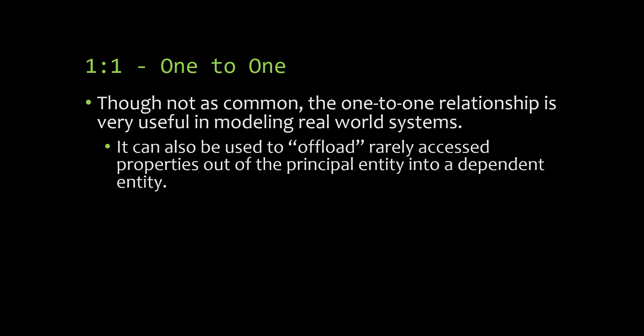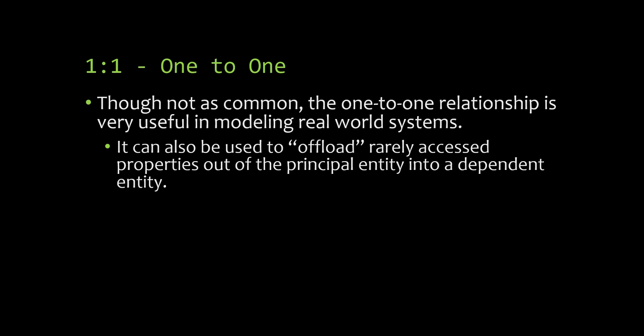So with a one-to-one, there's a couple things to be aware of, and there's actually more than one way to set this up. Okay. It's not as common as our one-to-many relationships, and really a many-to-many is just a pair of one-to-many relationships, right? But it's very useful when we want to sort of offload rarely accessed, or in our case, massively large properties out of the principal entity into a dependent entity.